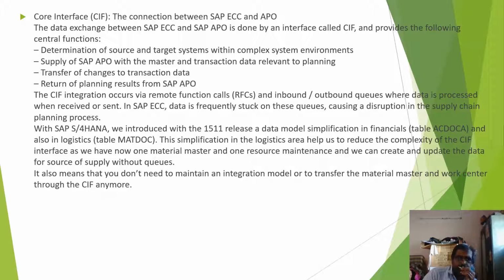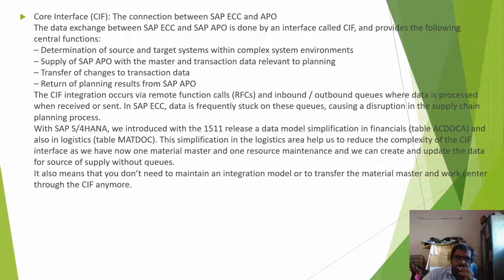With SAP S/4HANA, we introduced with the 1511 release a data model simplification in the financial table ACDOCA and also in the logistics table MATDOC. This simplification in the logistics area helps us to reduce the complexity of the SIF interface as we now have one material master and one resource maintenance.